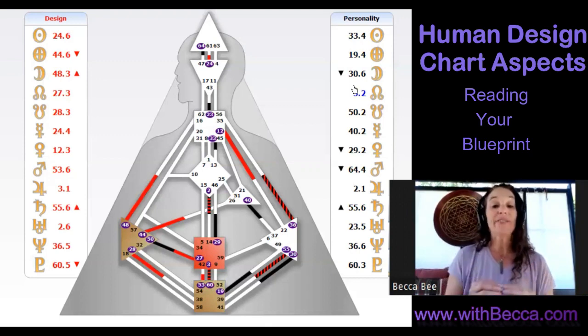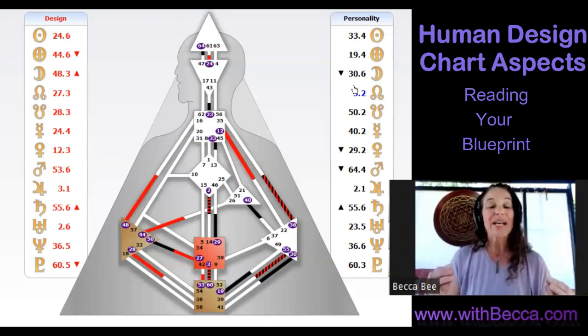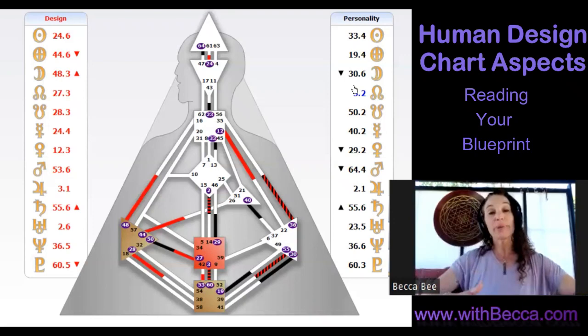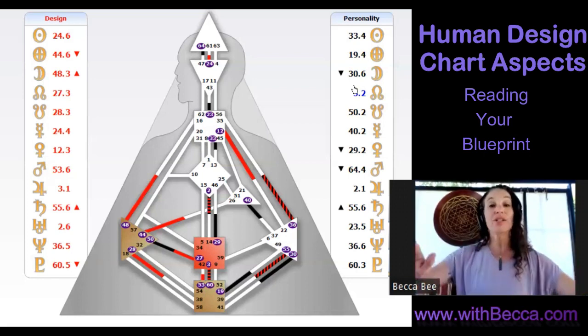The places where we have complete channels, this is where we have a defined or a set current of energy that we are operating as within our life. The places where we have hanging gates within our chart are going to be places where we are going to be needing to connect with others in order to complete those channels, in order to understand ourselves better and to have a better way for that completion of our projects and of our life's experience to take place upon this life.